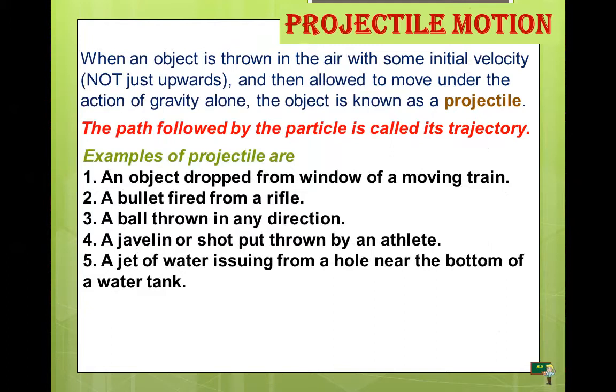Fourth, a javelin or a shot put thrown by an athlete. Fifth, a jet of water issuing from a hole near the bottom of a water tank. These are some of the examples you can see in your day-to-day life, and these are the best examples of projectiles.